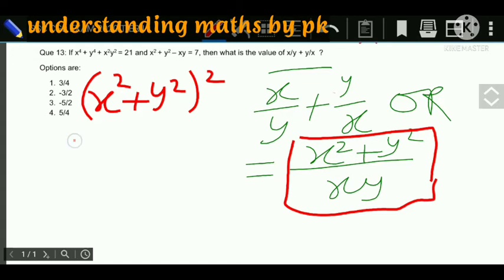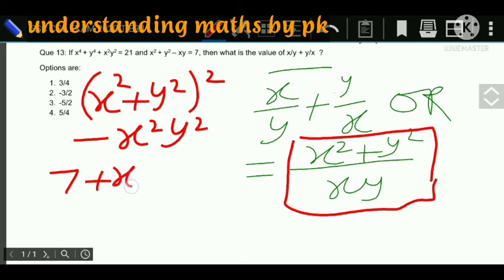So we will reduce 1 x square y square from here. Also we can see here x square plus y square minus xy equal to 7. So x square plus y square will be equal to 7 plus xy.